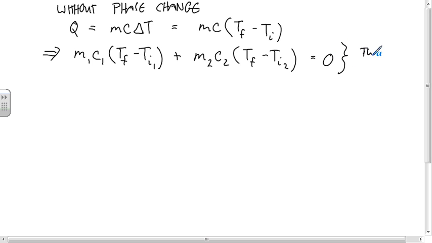The two materials must be isolated for this to hold.